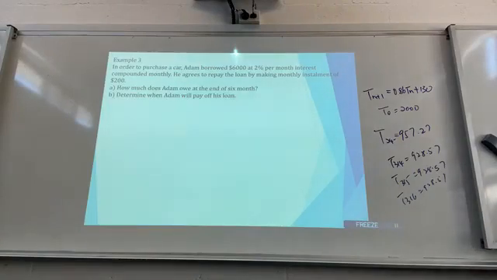No. He borrowed the loan instead. He needs to pay it back. He agrees to repay the loan by making monthly installments of $200. So he pays it back until then.